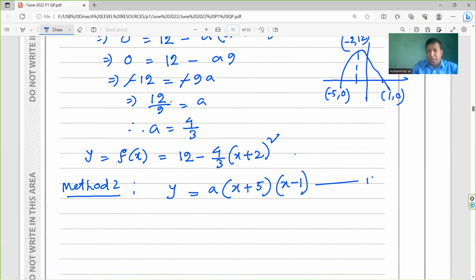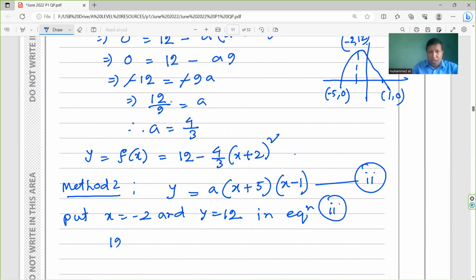We give this equation 2. This curve passes through (-2, 12), so put x equals -2 and y equals 12 in equation 2.